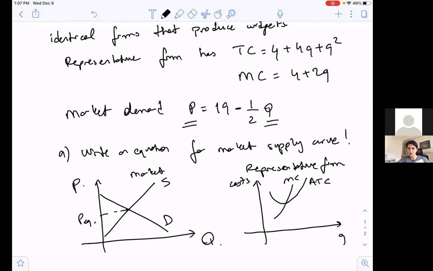It decides how much to produce given the market equilibrium price. Equilibrium price is determined in here. Given the price, the representative firm decides how much to produce. So this is what it is going to produce at that price.